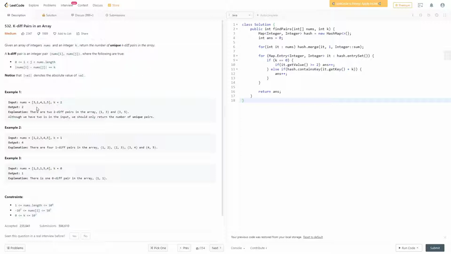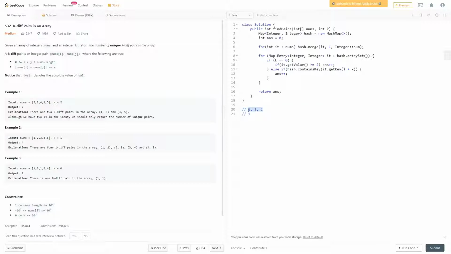Suppose I have 1, 1, 2, let's see, 1, 2. If I have this and k equals 1, then the absolute of 1 minus 2 is 1, and this other 1 and this 2 also make 1.